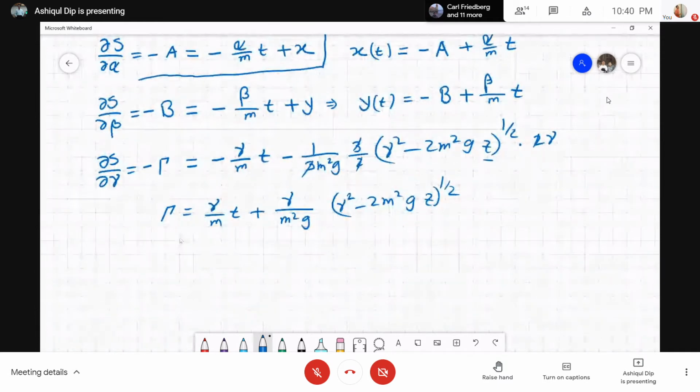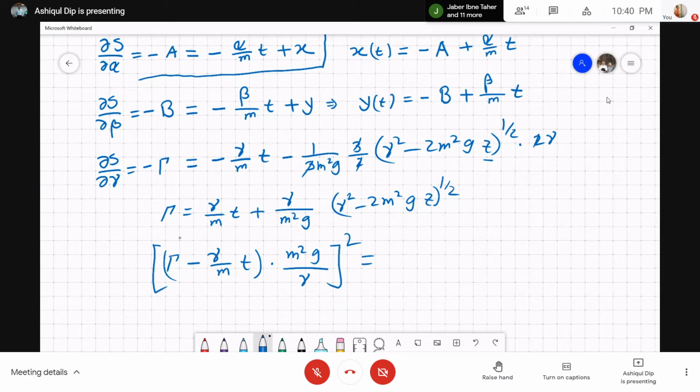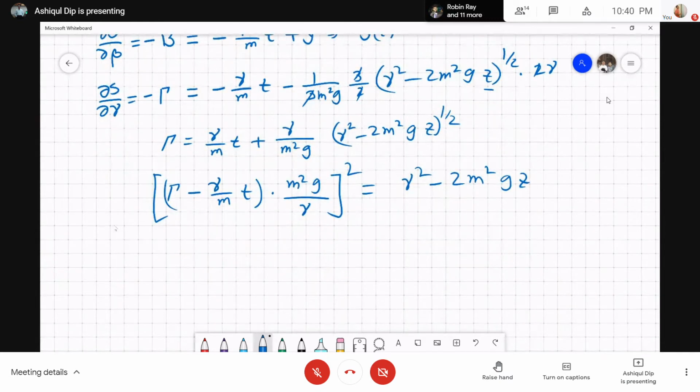So it gives you gamma minus small gamma by mt, multiplied by m square g divided by small gamma, then this thing whole squared. This thing gives you gamma square minus m square gz, right? I'm doing the algebra only. Don't get intimidated by this.